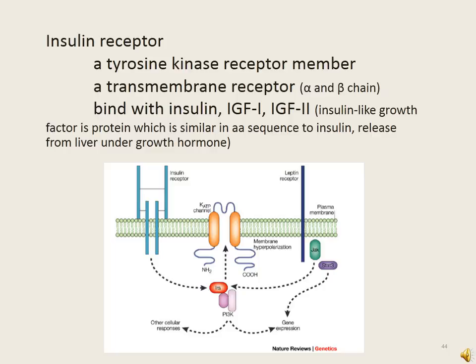But the insulin receptor does not only interact with insulin. It can interact with IGF-1 and 2. IGF is the insulin-like growth factor, so the insulin receptor can bind both insulin and insulin-like growth factor.